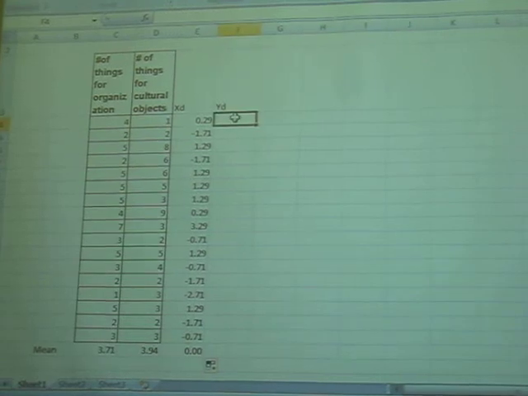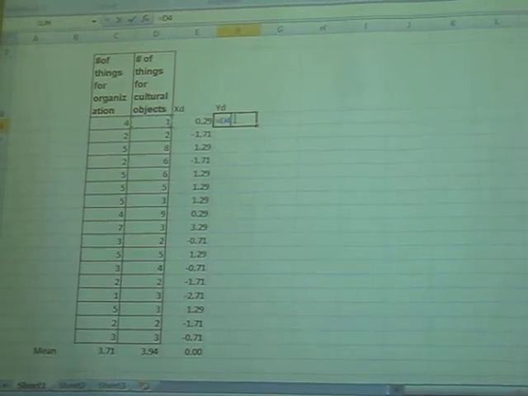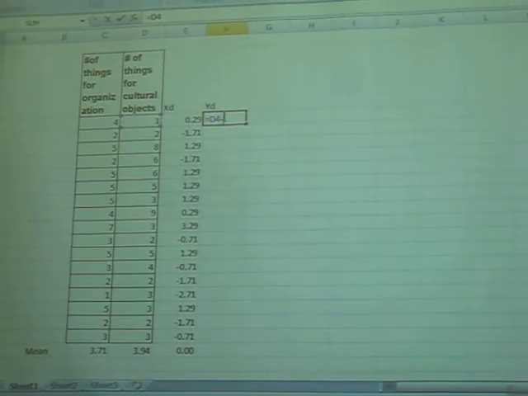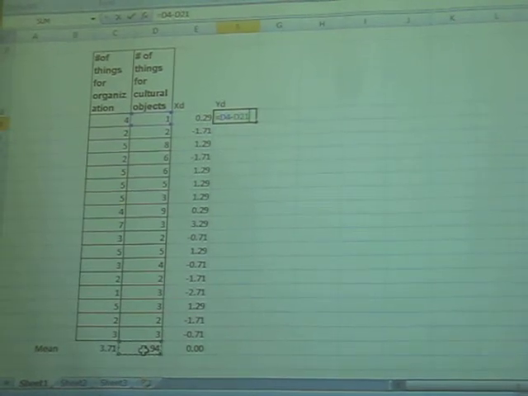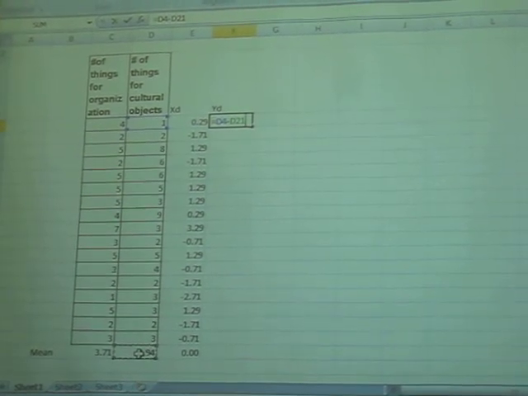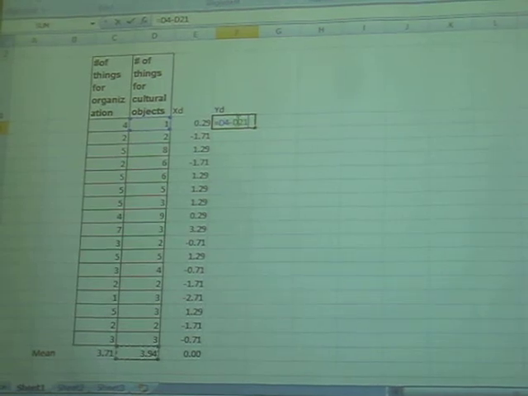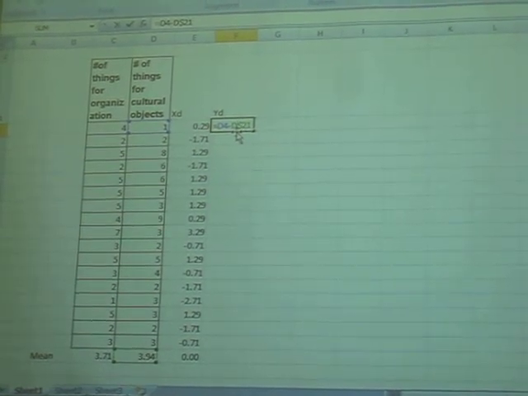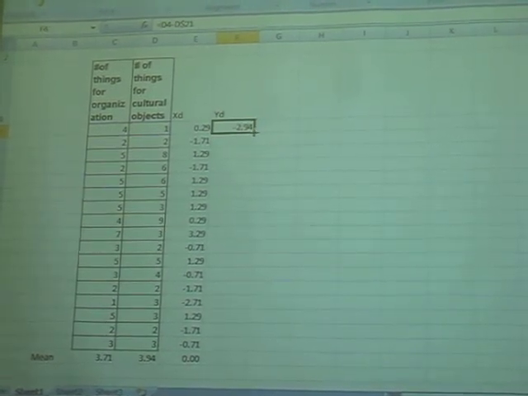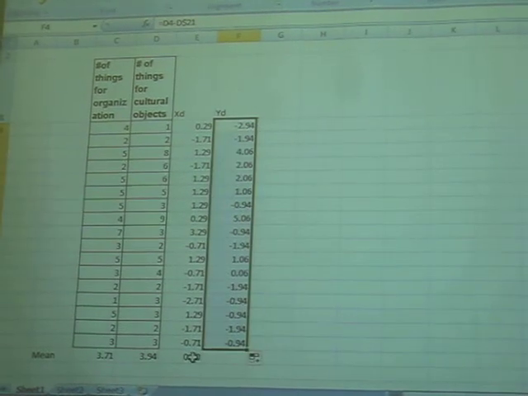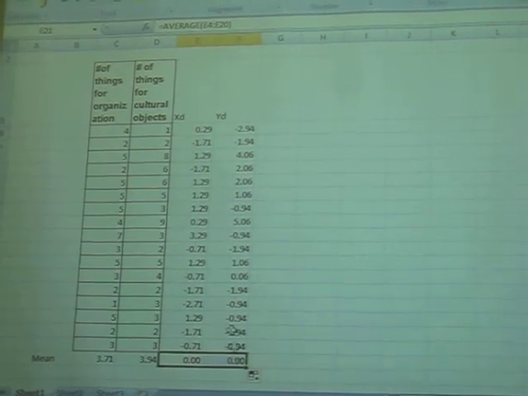So this is good. Equal sign, y deviation is this number minus the mean of y. That's the distance, that's the deviation. But we need to have the dollar sign here too. Dollar sign, and then copy and paste. And then you find the average of this, and this is 0.